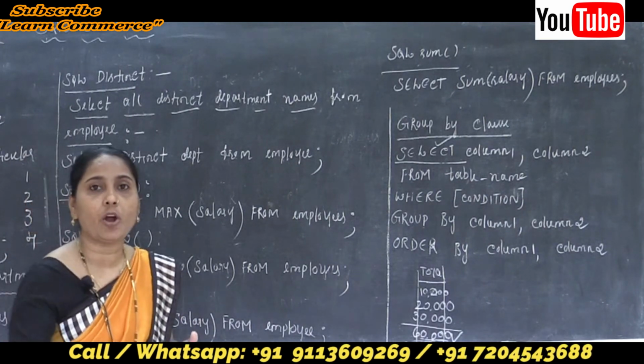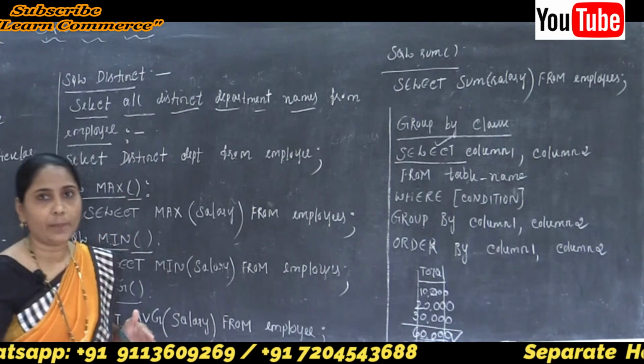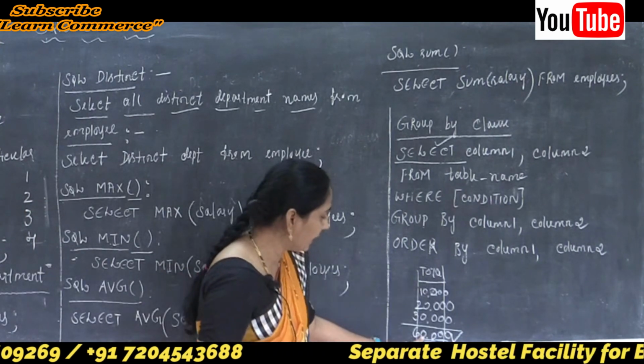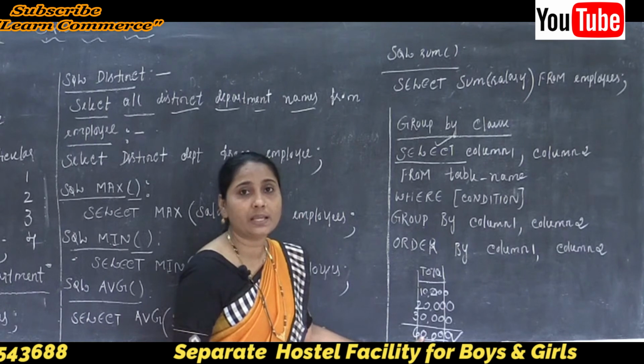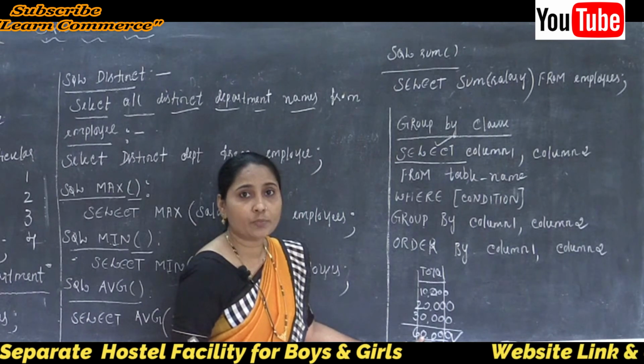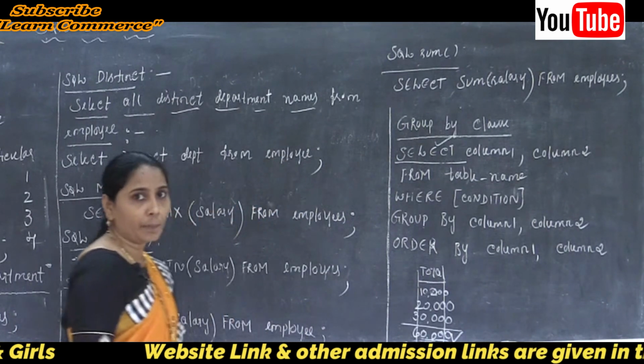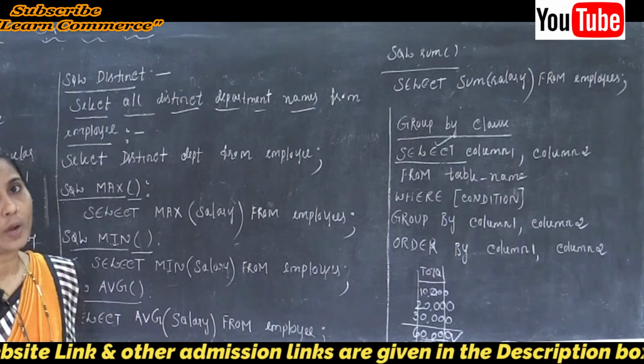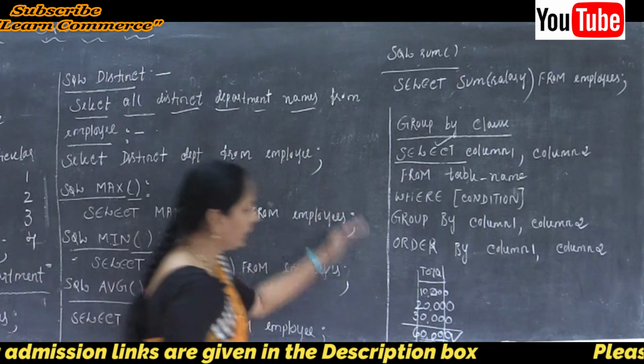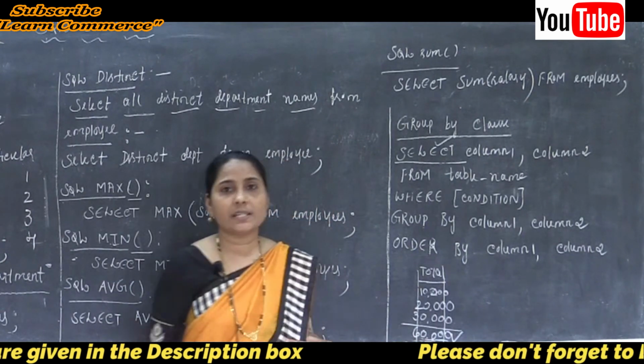So how much is the total salary given to the employees here? In this example, the total salary is 60,000. To get such a value we need to write the syntax: select sum of salary from employee. At that time it returns the value 60,000.